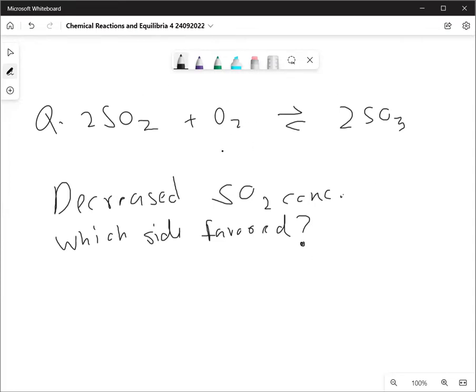Just read the point. Decreasing concentration of reactant favors yield of reactant. So which side is favored? Reactant. Okay. Now, Niranjana, is this clear?